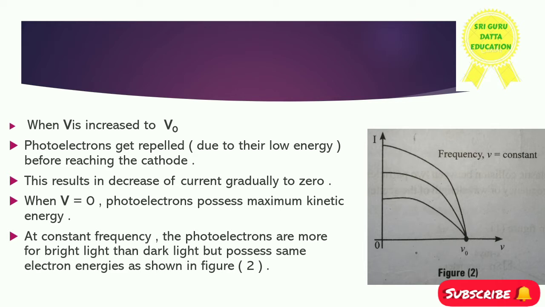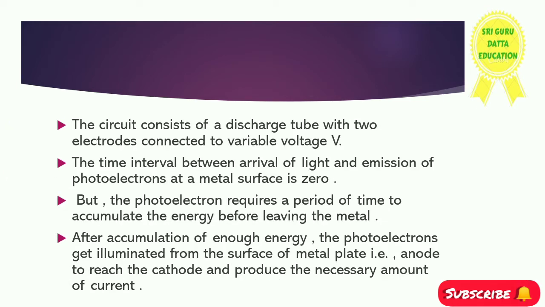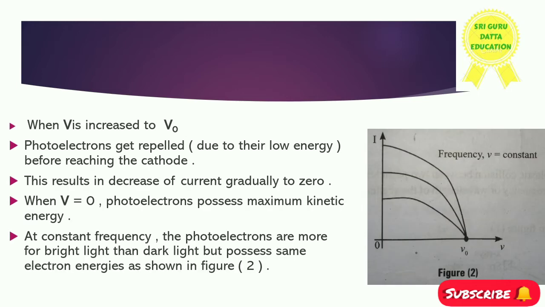When V is increased to V0, we can see this flow of electrons, which produces the necessary amount of current. The production of current is shown when V is increased to V0.